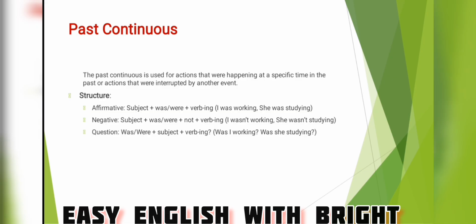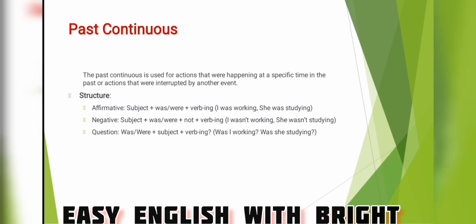Negative: subject plus was or were plus not plus verb with ing. I wasn't working. She wasn't studying. Question: was or were plus subject plus verb with ing. Was I working?